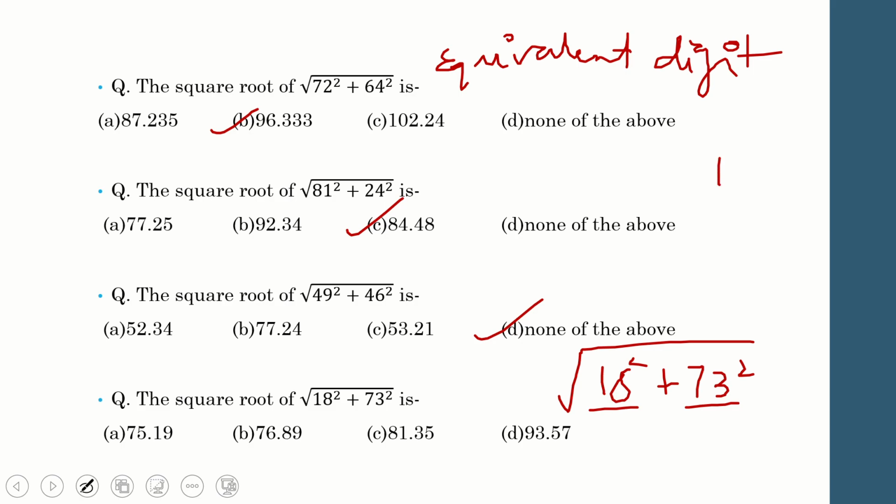So you see 1 and 7 are there, but as I have told you, here 8 is given, so 1 and 7 will give you some value of 8. So we can go with option C, and also we will check whether it is true or not.